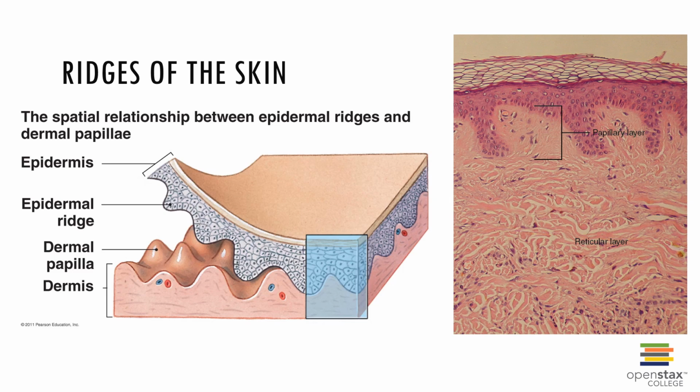These ridges and papillae are significant because they greatly increase the surface area for attachment, firmly binding the epidermis to the dermis. The patterns of the dermal papillae in the thick skin on the surface of the fingertips produce fingerprints, which can be used to identify individuals in criminal investigations for quite some time now.